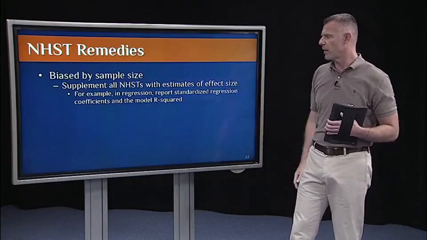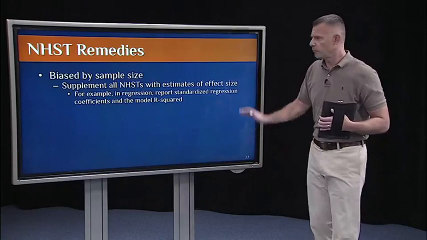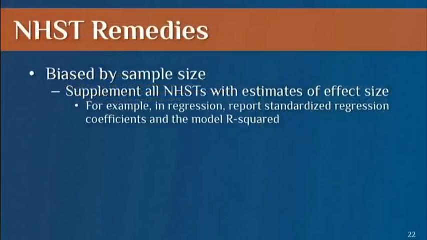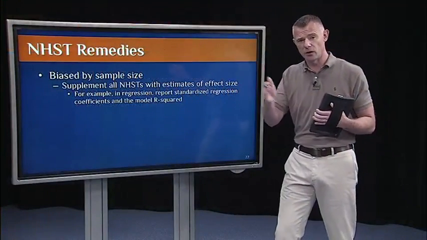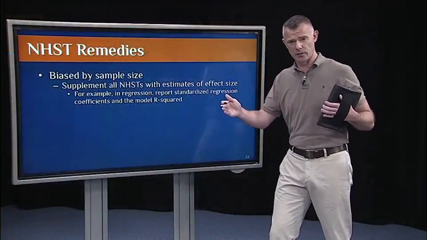So first, let's go back through the problems. So, bias by sample size. A simple thing to do, and this is common now in most peer-reviewed journals, is whenever you report an NHST, also report estimates of effect size. Because effect size tells you not just if an effect is significant or not, but it tells you about the magnitude of the effect.